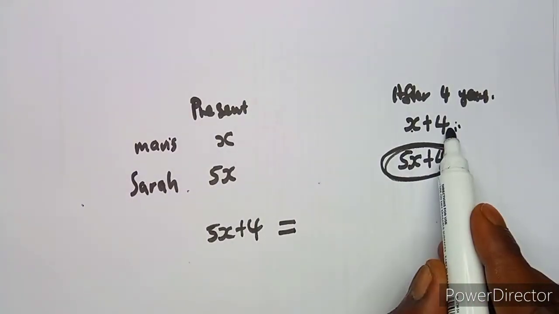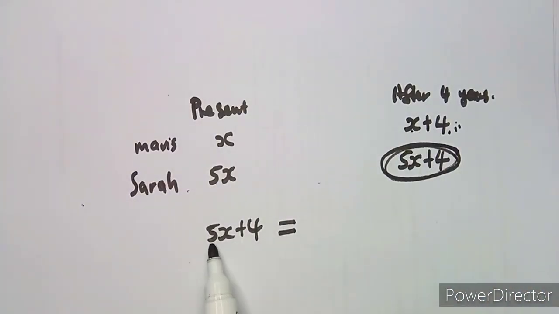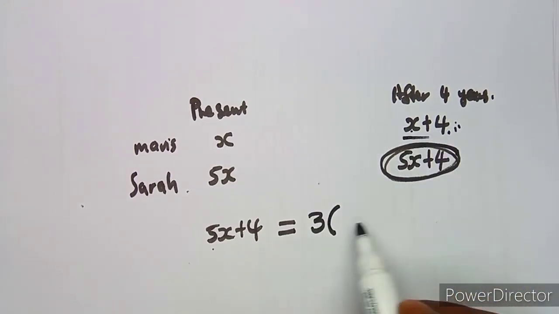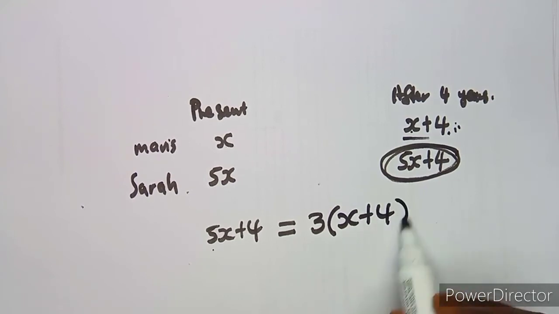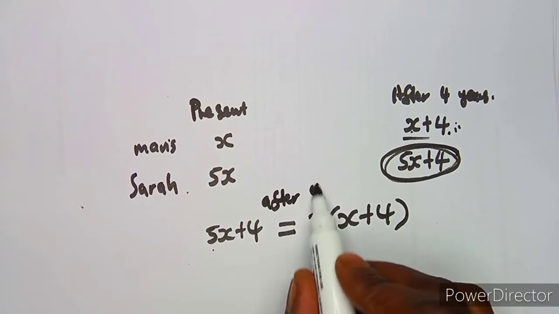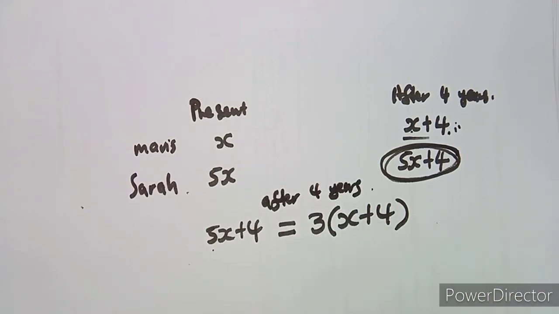And Mavis after 4 years is x plus 4. And they are saying this one is going to be 3 times, which means I have to multiply x plus 4, which is after 4 years. So this is a condition of after 4 years.